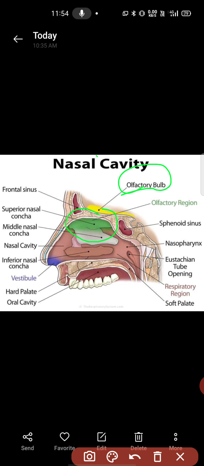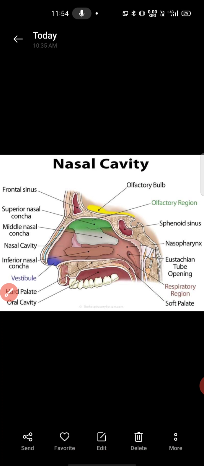Next we study the blood supply of the nose. Your nose gets its blood supply from the maxillary, ophthalmic and facial arteries. Besides that, it gains oxygenated blood from branches of the carotid artery.